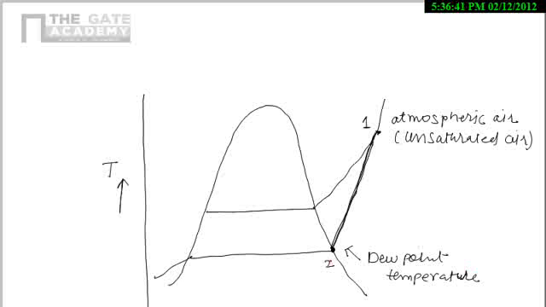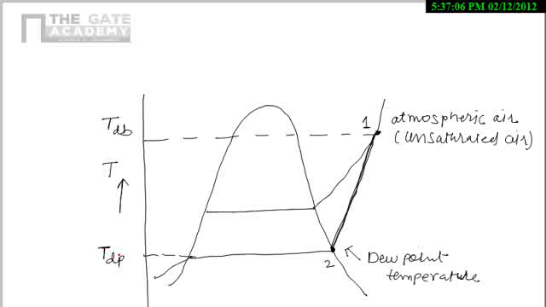Suppose this point is 2. So 2 denotes the dew point temperature, and 1 is nothing but the dry bulb temperature.